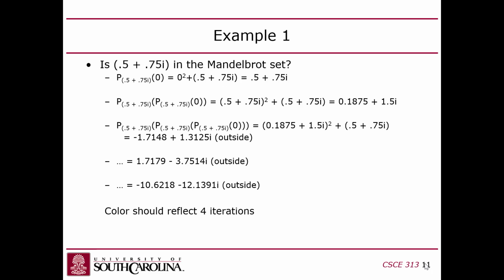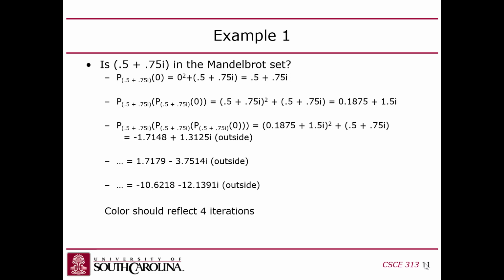Okay, so here's a full example. Say I have a number like 0.5 as the real part and 0.75 as the imaginary part. Is it in the Mandelbrot set? Well, I'll start out the polynomial with a z value of 0. As I mentioned before, if your z is 0, then the polynomial just spits back the c value at you.